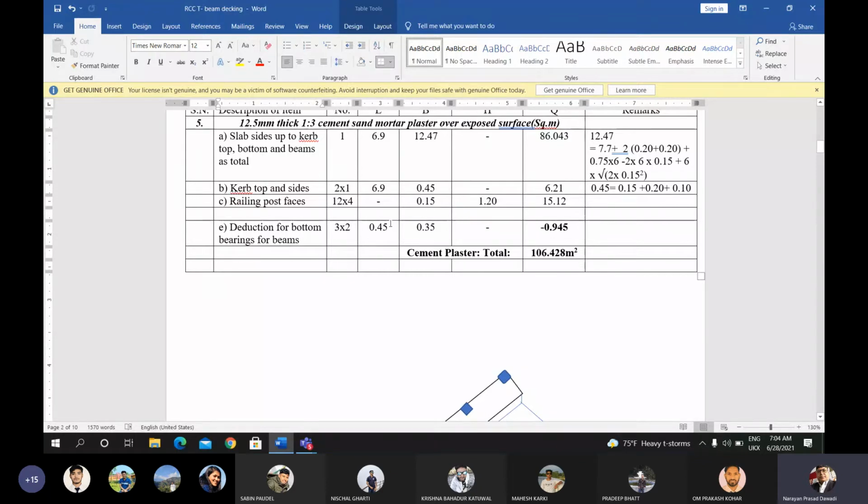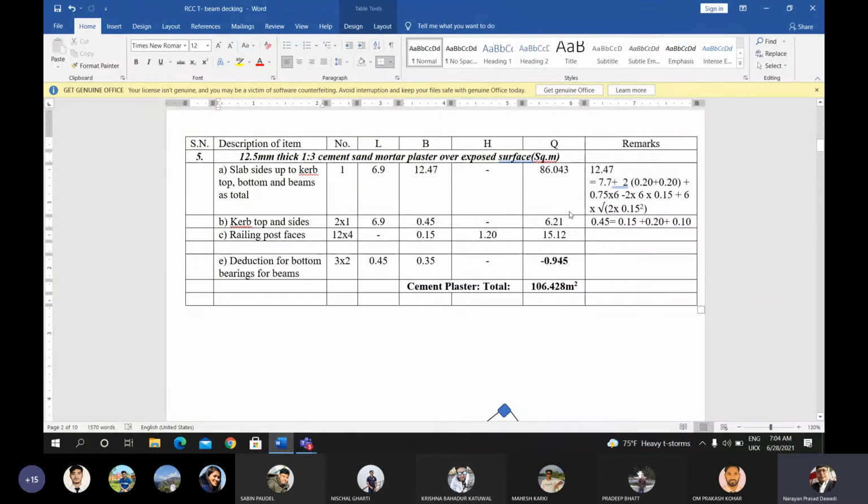The length of the bearing portion is 0.45 and the width of the beam is 0.35. You have to deduct this. This will be the negative quantity, minus 0.945. After adding all this quantity and deducting this quantity, you can get the cement plaster of 106.428 square meter.